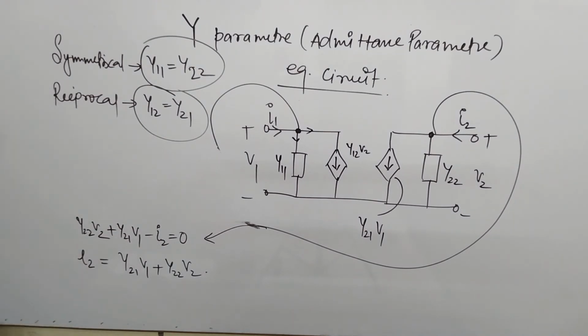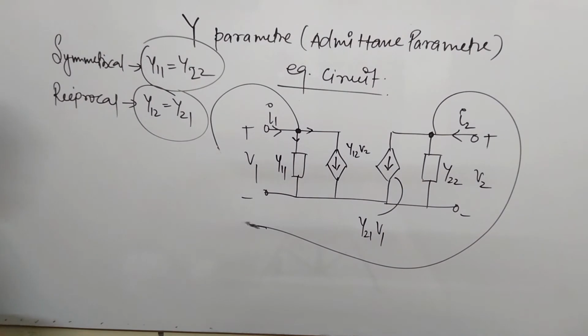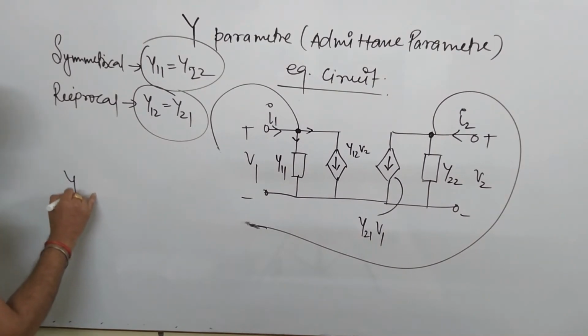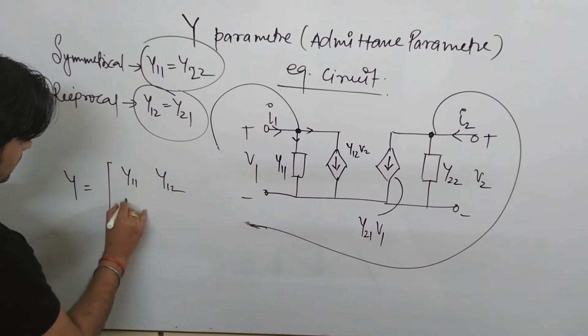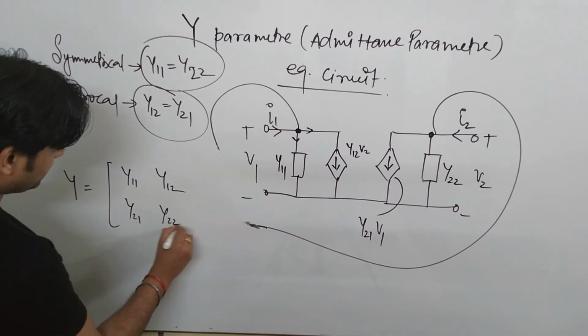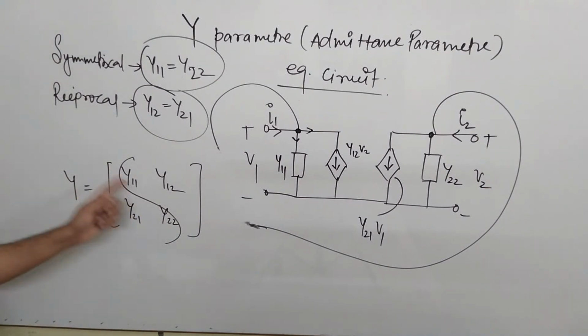If you see the Y matrix, it is in the form of y11, y12, y21, y22. So y11 equal to y22 means it is symmetrical, and if y12 and y21 are equal, then it is a reciprocal network. So this is all about Y parameters.